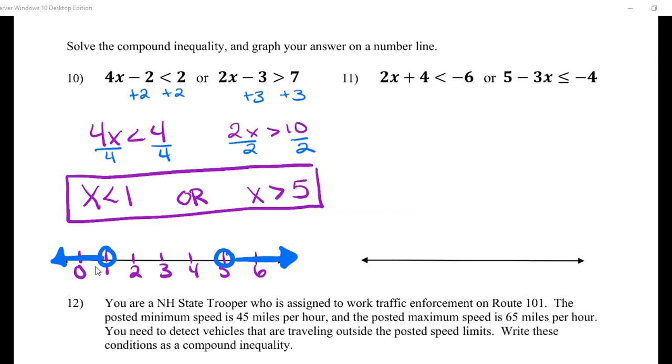Okay, let's do one more "or" inequality. So again, solve these separately. So 2x plus 4 is less than negative 6. We would first start by subtracting 4. We have 2 times x, so we would divide both sides by 2.